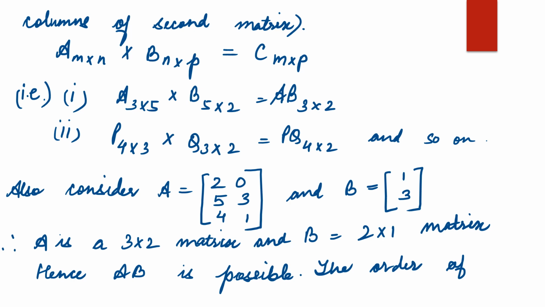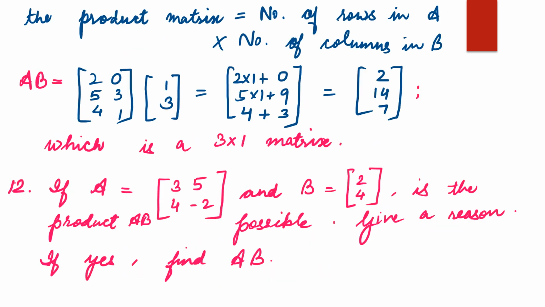Hence AB is possible because the number of columns is equal to the number of rows. The order of the matrix will be number of rows in A into number of columns in B. Number of rows in A was 3 and number of columns in B is 1, therefore 3 by 1, which is a 3 by 1 matrix.